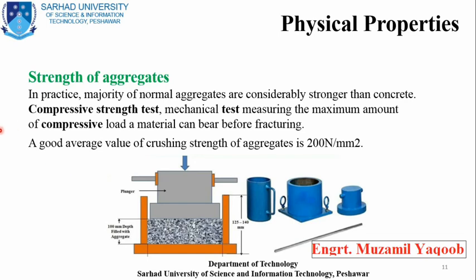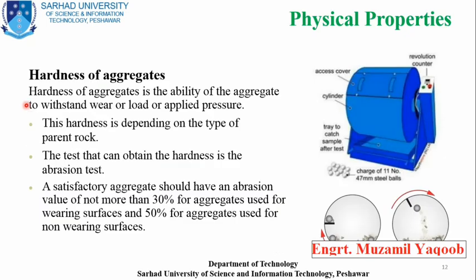This is all about the compression behavior of aggregates. Hardness of aggregate is the ability of the aggregate to withstand wear or load or pressure applied from any direction. That is known as hardness of aggregate.